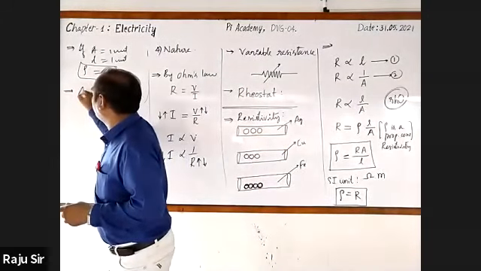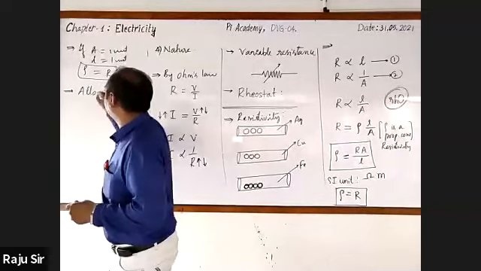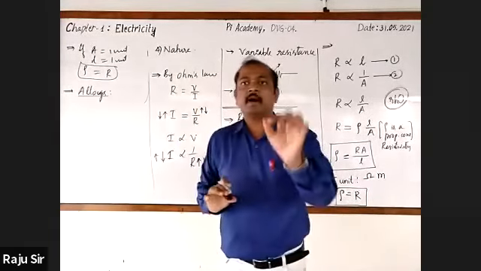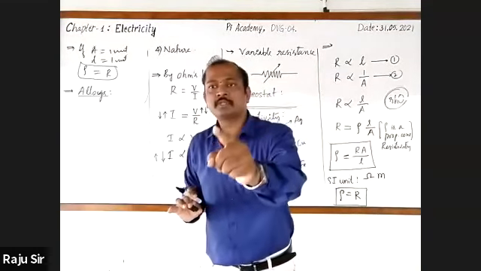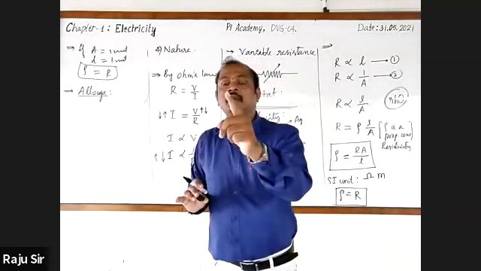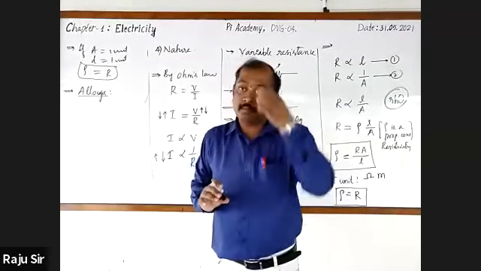A student asked a question regarding the alloy, so I'll give you information regarding alloy. Alloy is a homogeneous mixture of 2 or more metals.